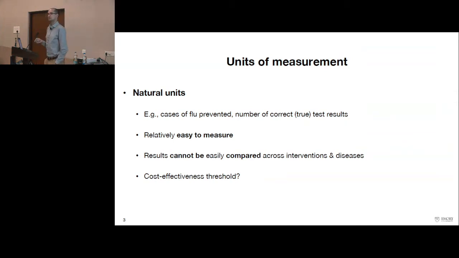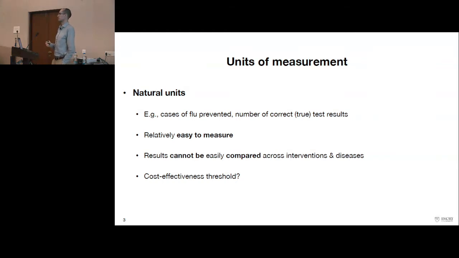All right, so natural units. Those are the most simplistic metric for the particular disease or condition that you're studying. In our example with vaccinations, number of flu cases prevented would be a good metric.